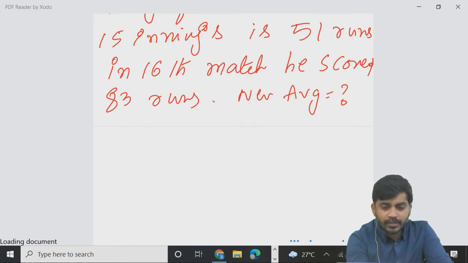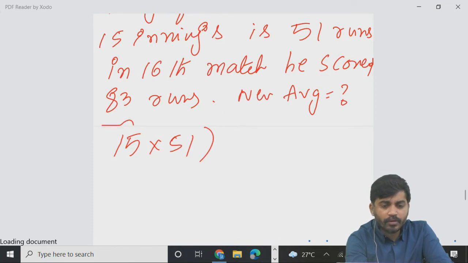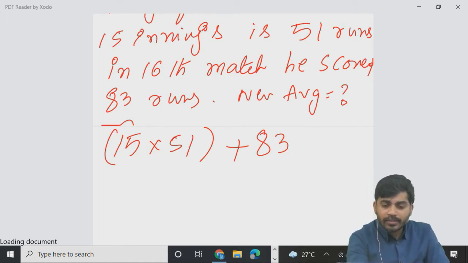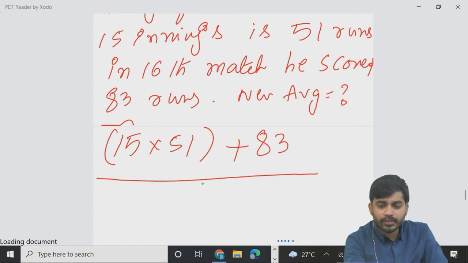That is 15 into 51 will give 15 matches total, plus the 16th match score, 83. What is this? Total runs of all the 16 matches. It is divided by 16 matches will give the answer.